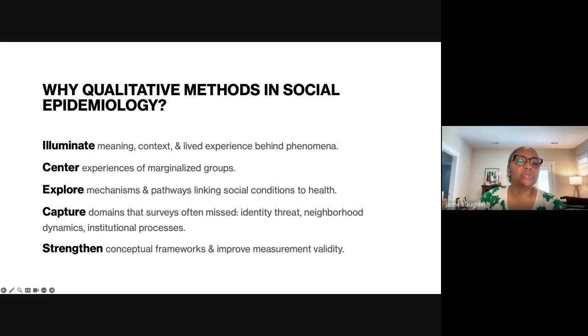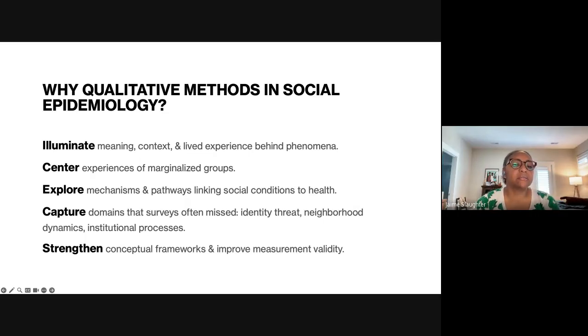So why do we want to use qualitative methods in social epidemiology? It really boils down to being able to illuminate or understand how people experience conditions like discrimination, housing insecurity, or unsafe neighborhoods, and other lived experiences behind social phenomena.